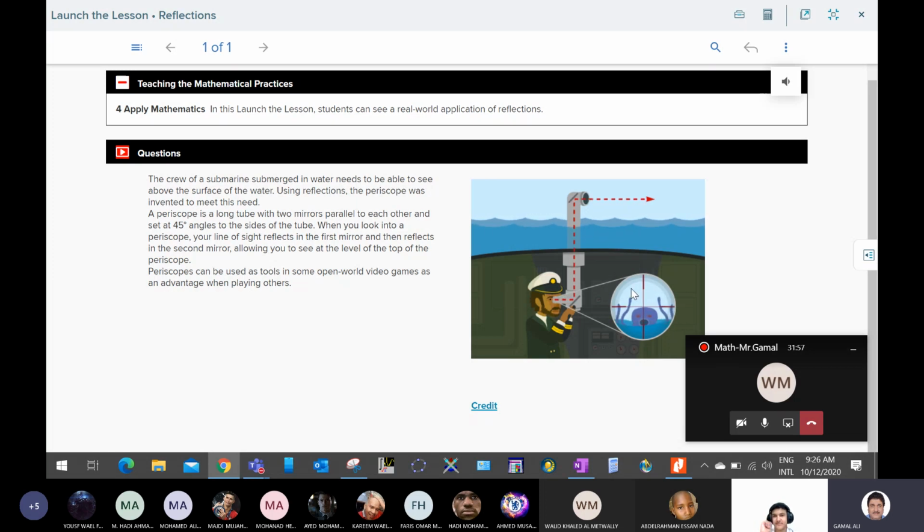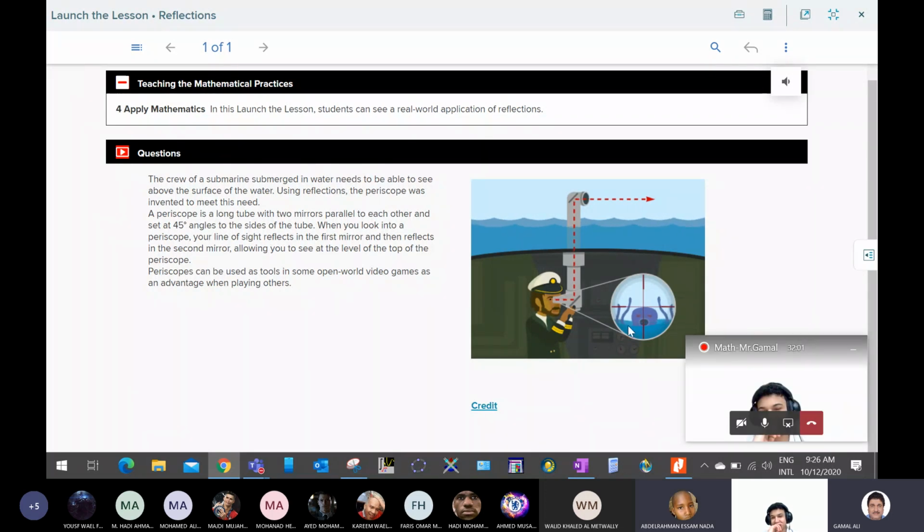What is it? It's an octopus, mister. Octopus, okay. The long tube with the two mirrors parallel to each other, set at 45 degree angles. I think this is easy. It is not. Can you see it?